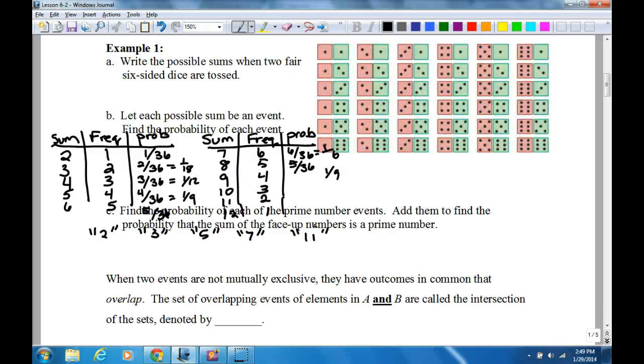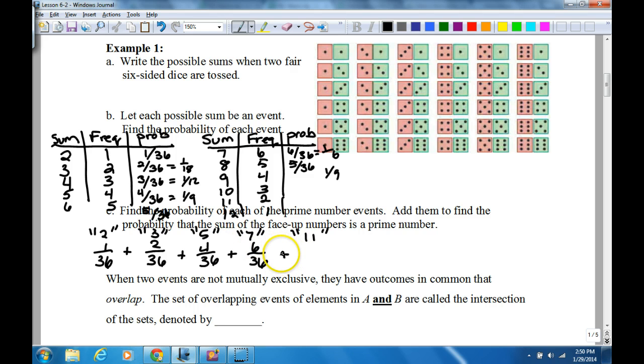So what is my probability for the first one? 1 over 36. Okay, what's my probability for a 3? We'll keep them in 36. 2 out of 36. That way it's easier to add. 5: 4 out of 36. How about 7? 6 out of 36. And are we only adding the ones that are prime?